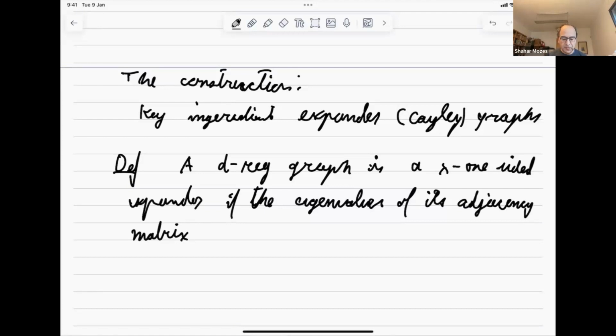It's an undirected graph, so it's a symmetric matrix and has real eigenvalues. The top eigenvalue is d, which is lambda 1.